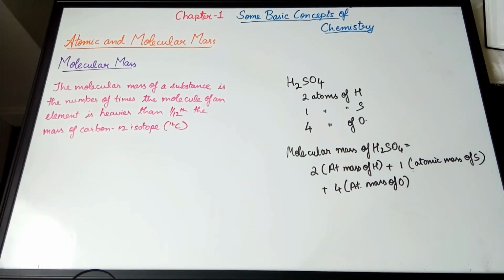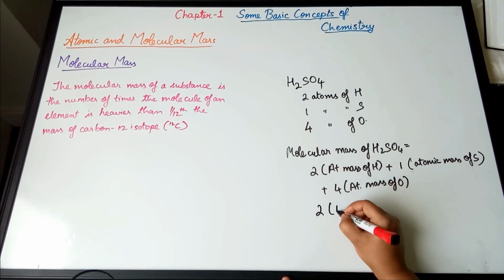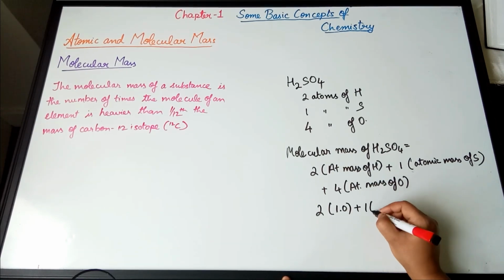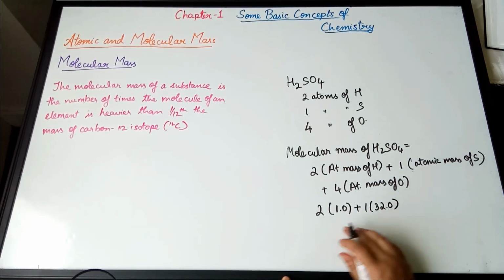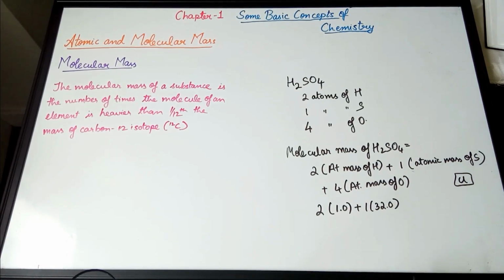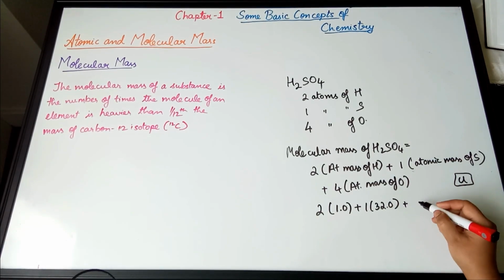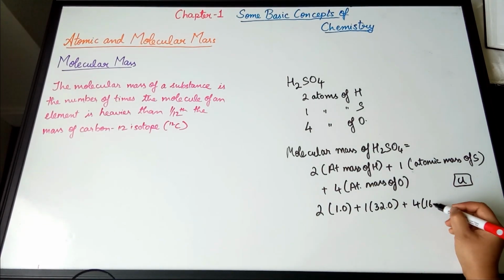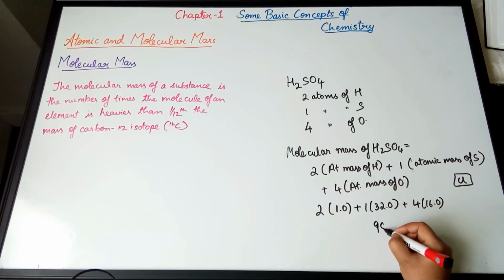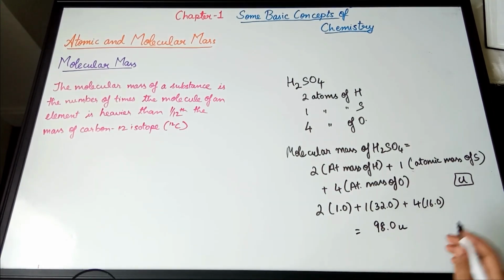Now we know that the atomic mass of hydrogen is 1 and that of sulfur is 32, and these are all going to be in U, the atomic mass unit. And oxygen is 16. When all of this is simplified, you get the value of 98.0 U.